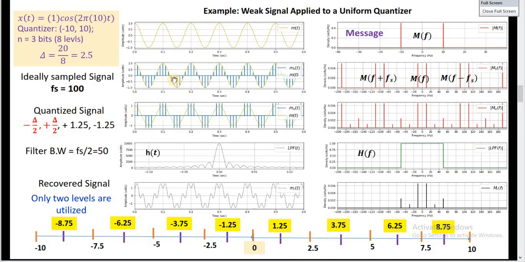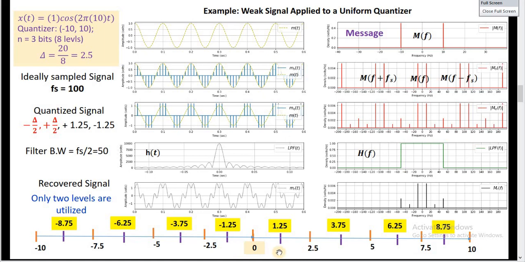As we can see, the output of the quantizer assumes only one of two values, either delta over 2 or minus delta over 2, which is 1.25 or minus 1.25. We observe that the signal actually varies within this interval and this interval.